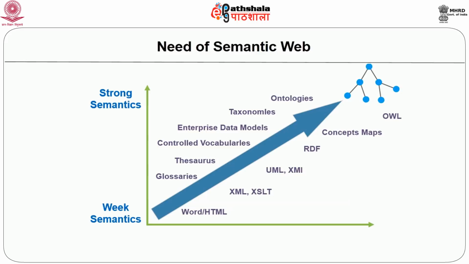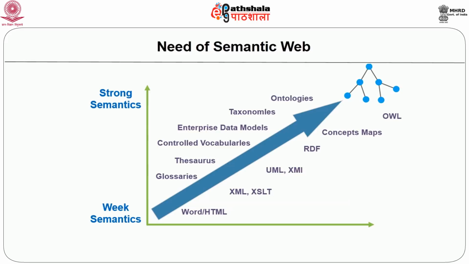Now, a simple HTML page is static data; you don't have anything semantic in it. But if you add a little bit of glossaries and thesauri, that means synonyms, so that when I search, there is a thesaurus or glossary telling that this also means that, then the same word can be looked up in different contexts. Adding glossaries and thesauri to a website adds a little bit of meaning.